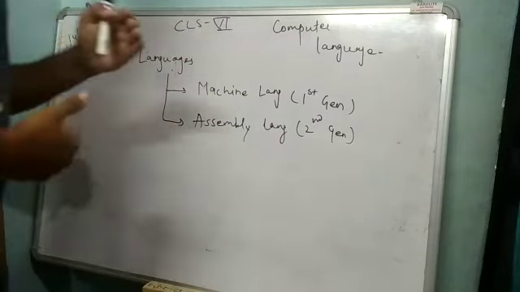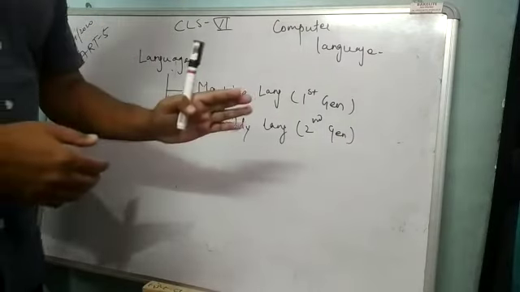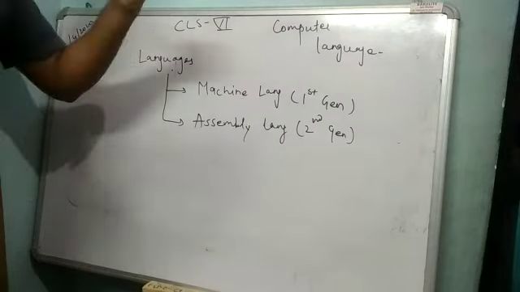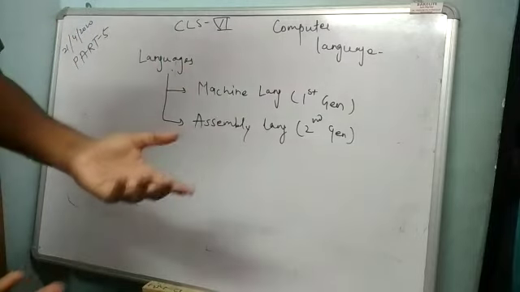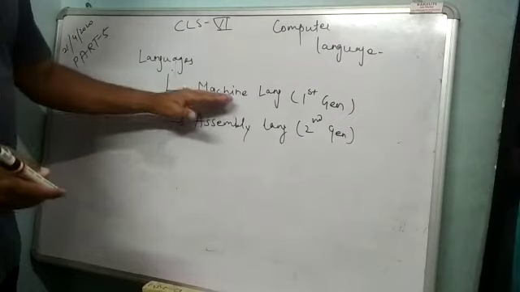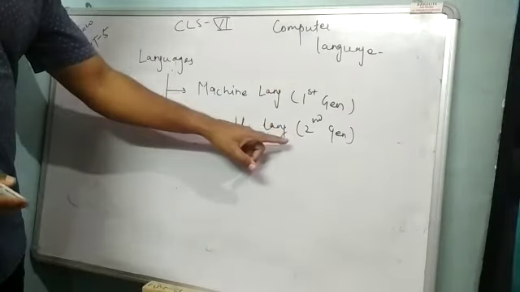Now we will be discussing computer language. Today we will discuss two types of computer languages. First, we will understand the use of computer language, and then we will learn about machine language and assembly language, that is first generation language and second generation language.